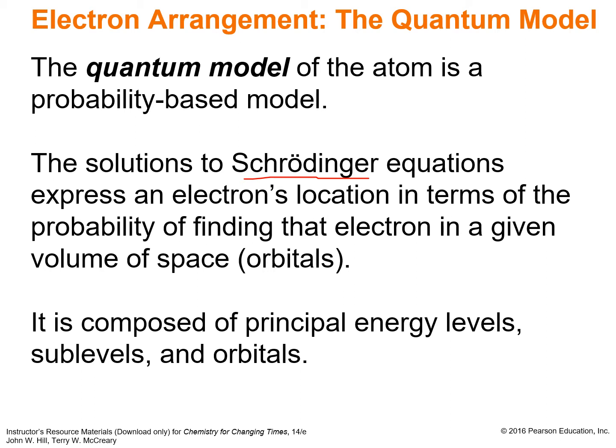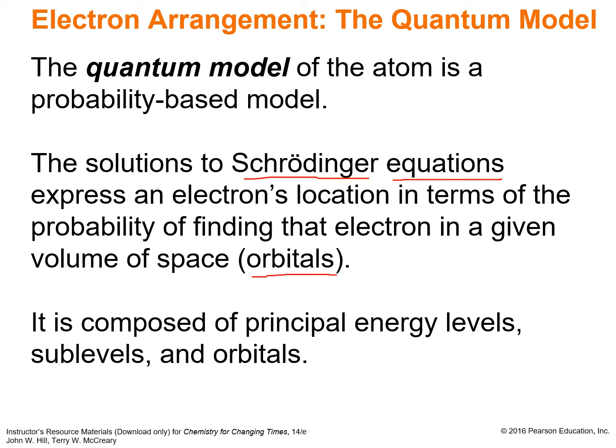He's the name of the scientist. He developed some mathematical equations which could locate, or which could tell you the possible location of the electron in the volume of space. So that space is referred to as orbitals in chemistry.